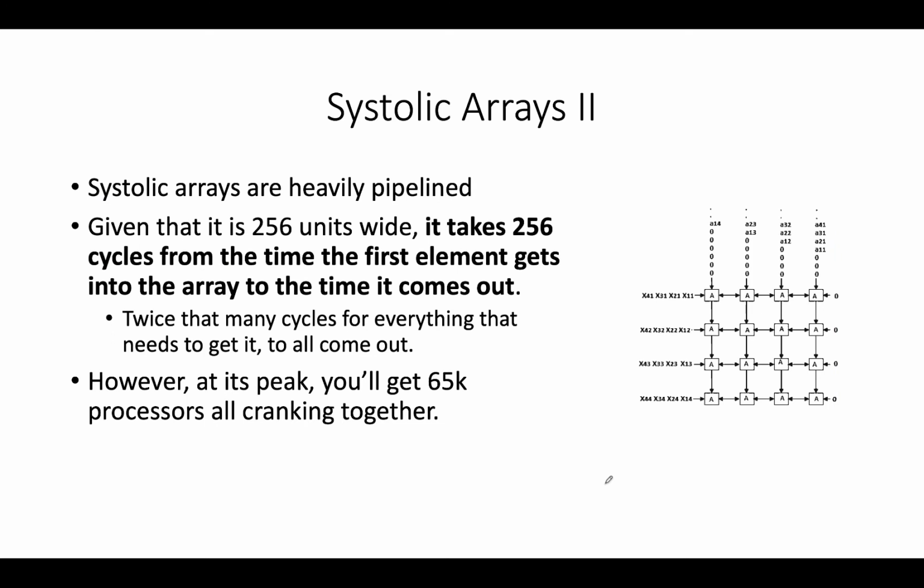The major concept about systolic arrays is that they are heavily pipelined, and this pipeline is 256 units wide. That also means that to exploit the full power of systolic arrays, we need to fill the full pipeline, and this will take 256 cycles. So we need a quite large number of matrix multiplies so the pipeline can be filled and fully exploited.